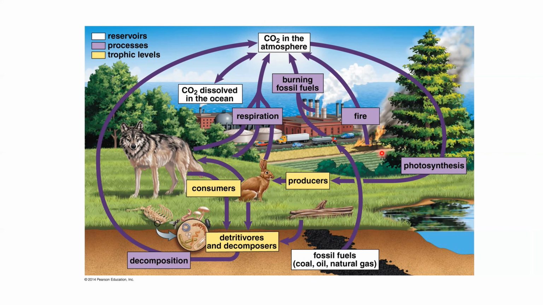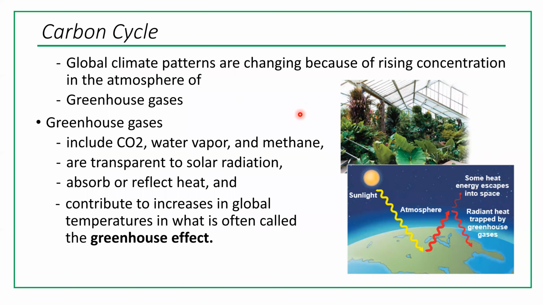And plus we cut down lots of trees that decrease the photosynthesis rate. So we increase the release of carbon dioxide and we decrease the amount of carbon dioxide converted into organic molecules, right? So that's how we disturb this carbon cycle, right?